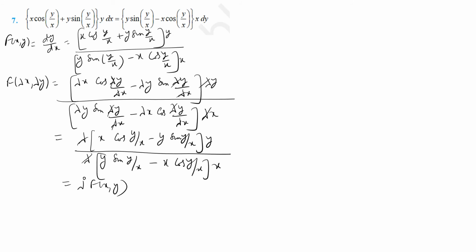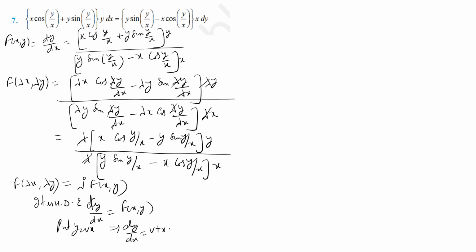So this becomes a homogeneous differential equation of the form dy by dx is equal to f of x, y, and in such an equation we put y is equal to vx. So this implies dy by dx is equal to v plus x dv by dx.